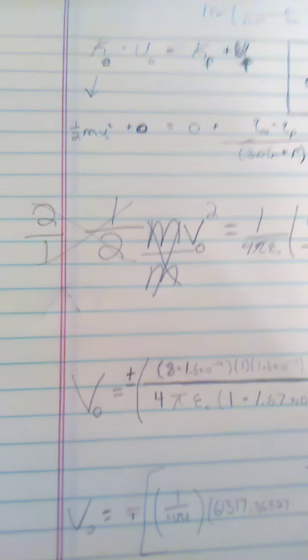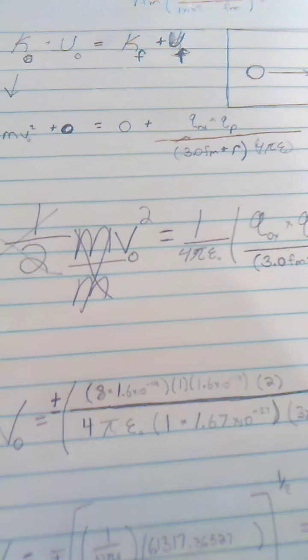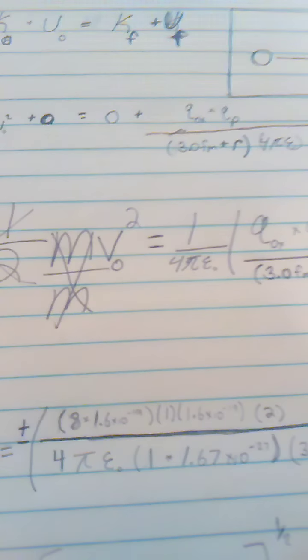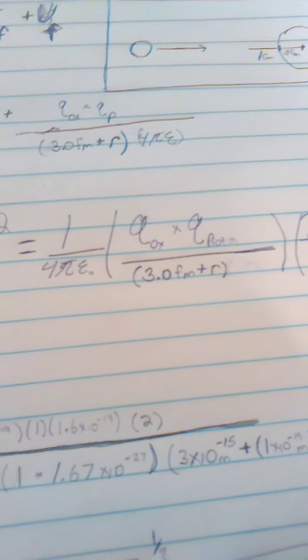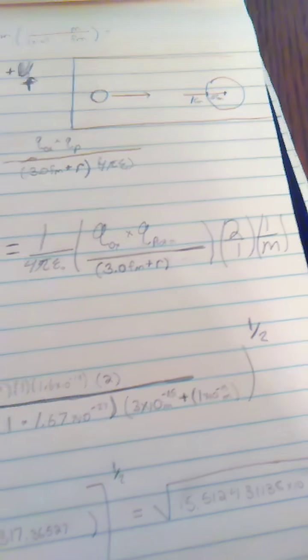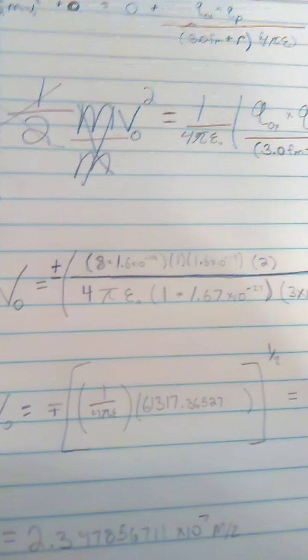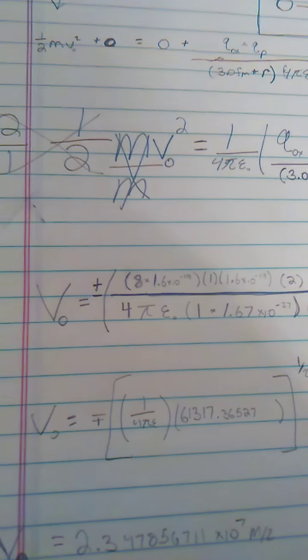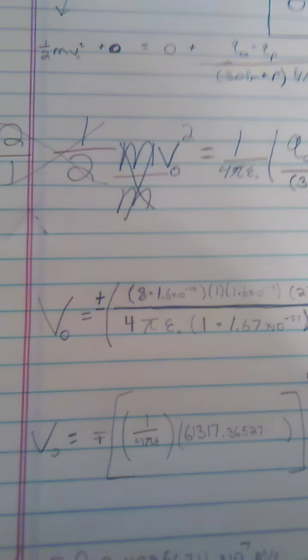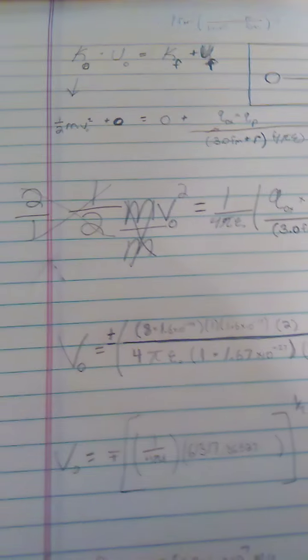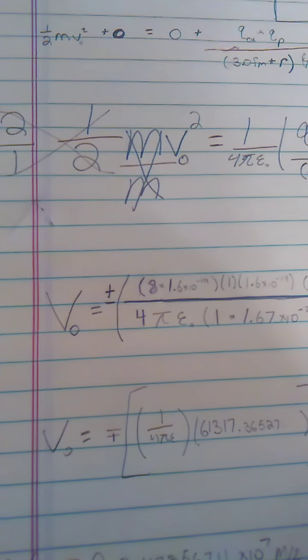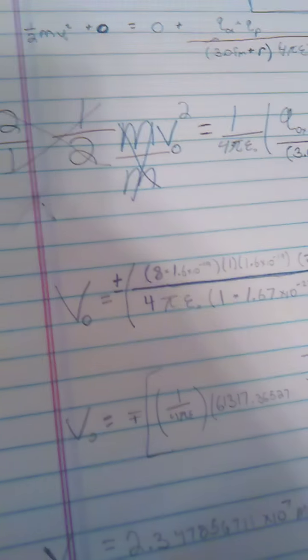After canceling out some values, we have v squared is equal to this expression. And then once you do the square root, mathematically you're going to have a plus or minus, but it doesn't matter in this case. We're just looking for magnitude because we know it's heading towards the oxygen atom.